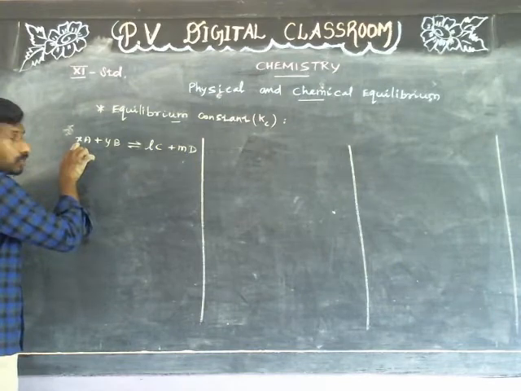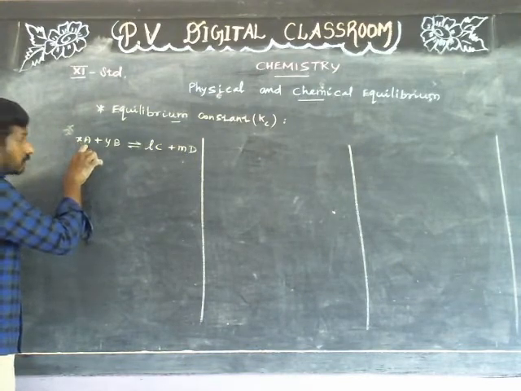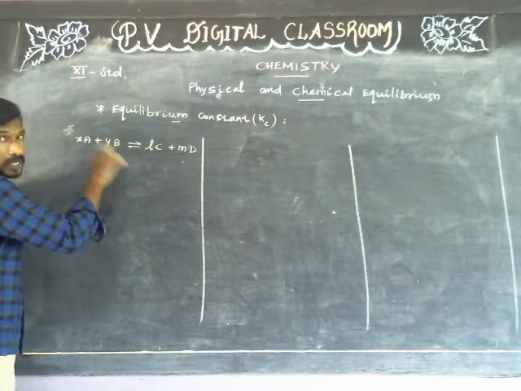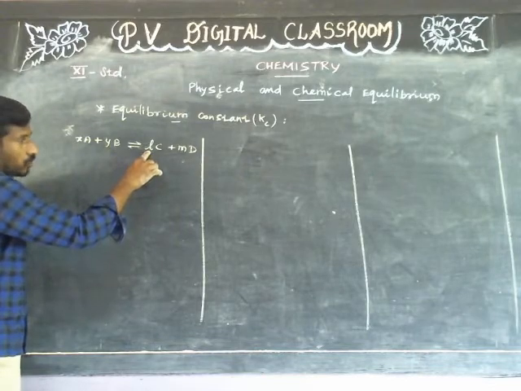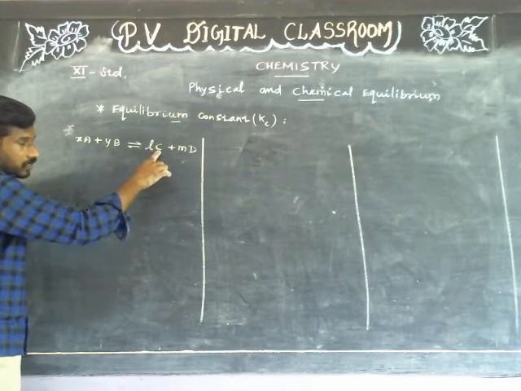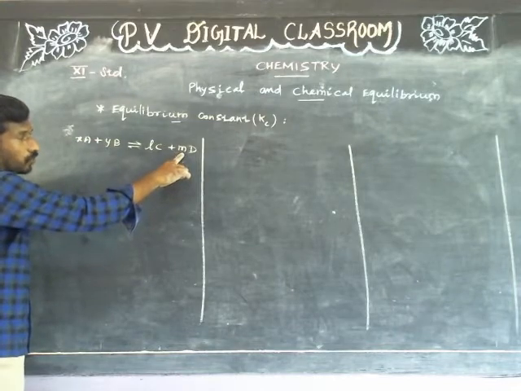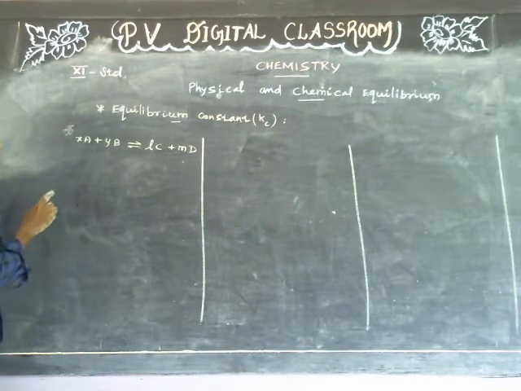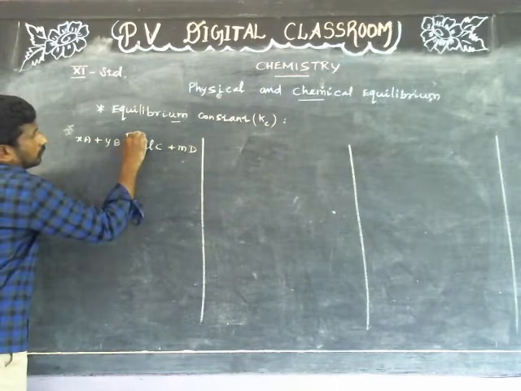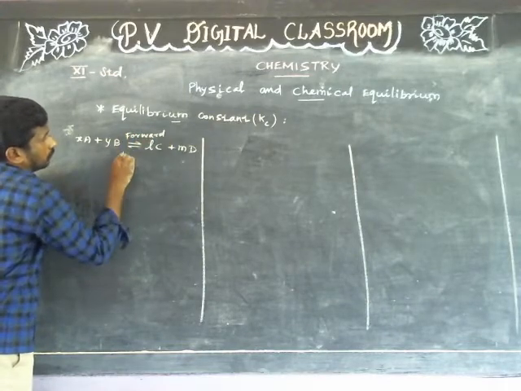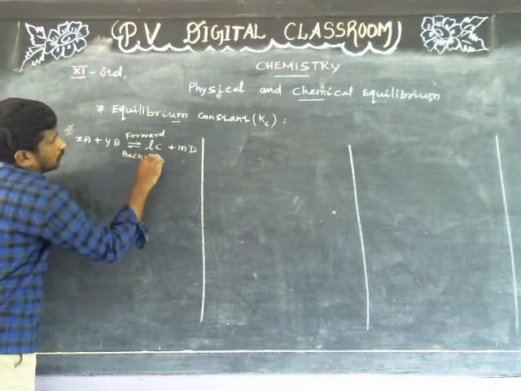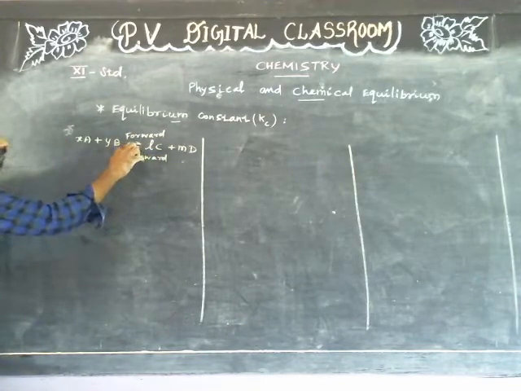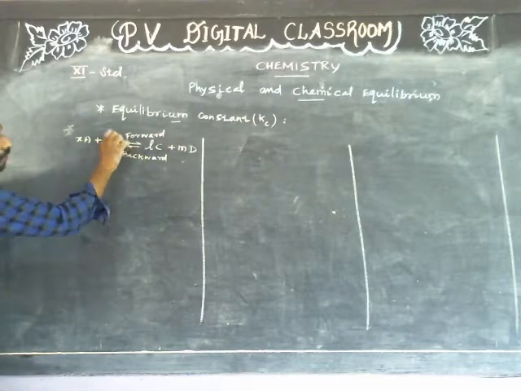x is the stoichiometric coefficient of the reactant A. y is the stoichiometric coefficient of the reactant B. l is the stoichiometric coefficient of the product C, and m is the stoichiometric coefficient of the product D. This upward half arrow indicates the forward reaction.